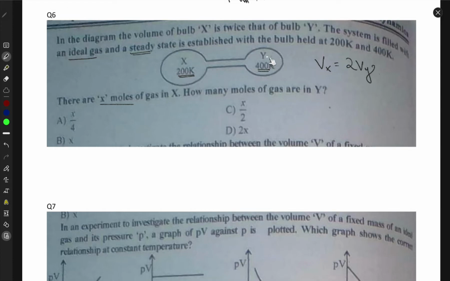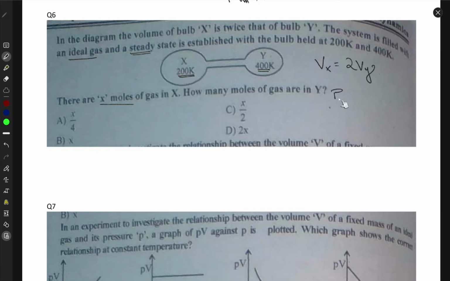Alright, so we see that the temperatures are different, and the volumes are different in this way. And we are asked to find the number of moles of gas in Y. Because we are comparing the two, X and Y, we can write down the equation of state for both of these.